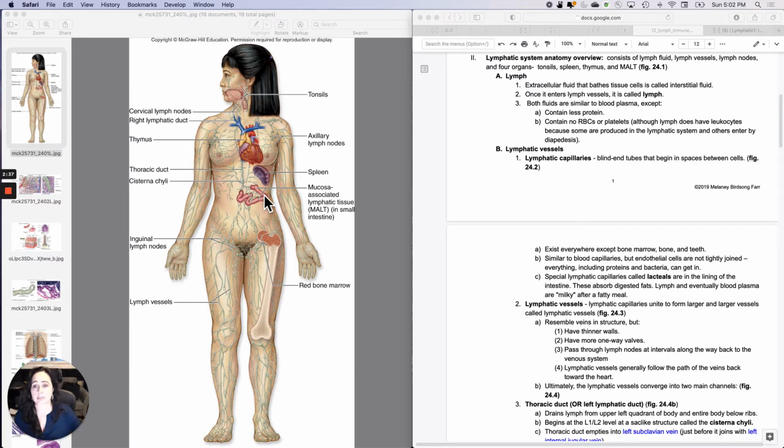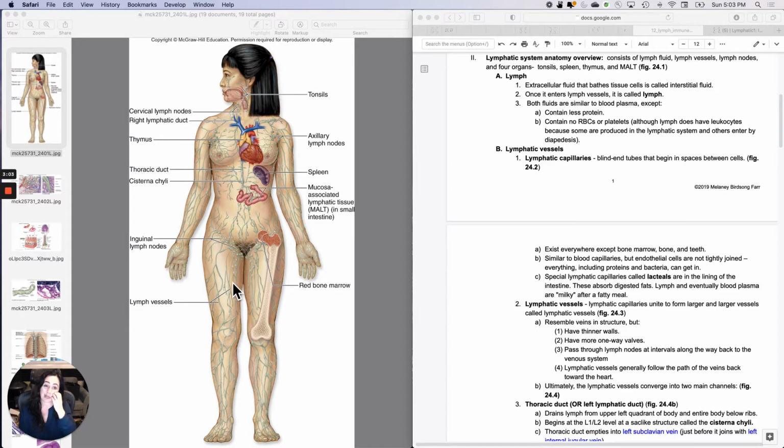Okay, so let's meet lymph first. What is lymph? Well, lymph is going to be the fluid that is inside these vessels, and it would be slowly percolating up all the way back to your vessels, specifically your subclavian veins. So when it's in a tissue, it's just called interstitial fluid. But once it enters the lymphatic system or the lymph vessels, it's called lymph.